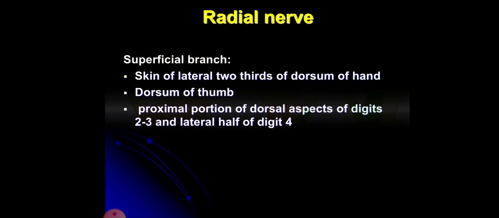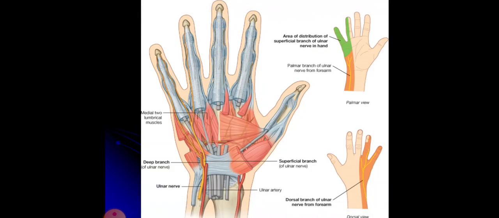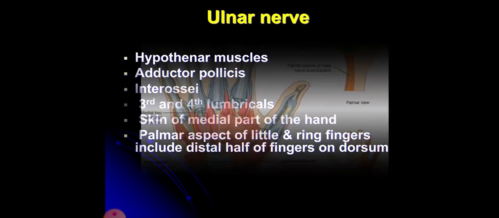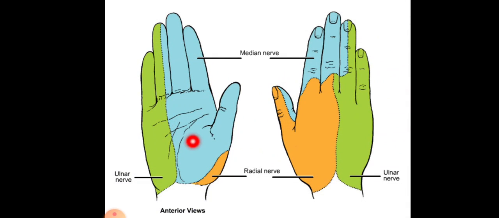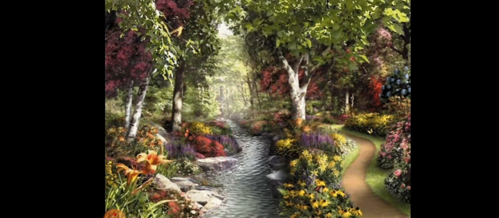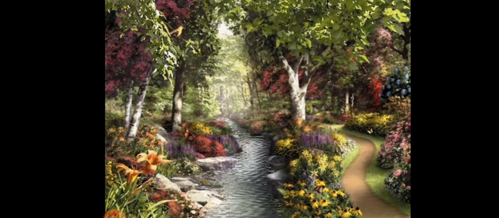Okay, this is a summary of the areas supplied by the 3 nerves. This is the radial nerve, here colored by orange. That is all regarding the upper limb.